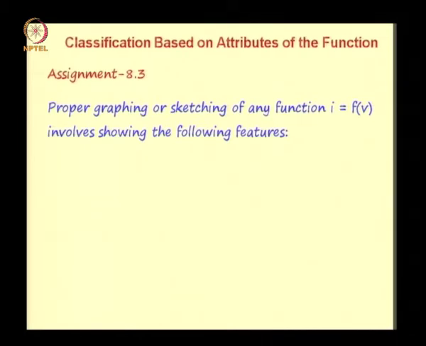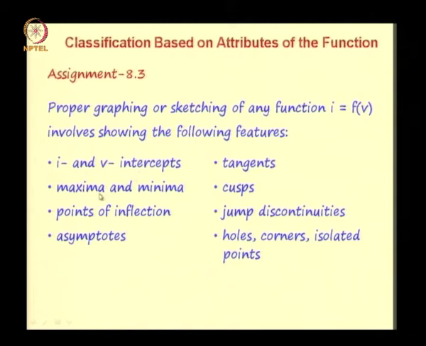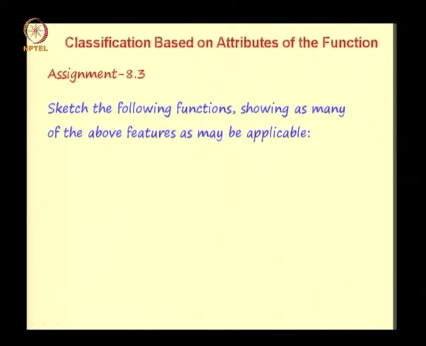Another assignment regarding graphing or sketching of a function. Proper graphing or sketching of any function I as a function of V involves showing the following features: I and V intercepts, maxima and minima, points of inflection, asymptotes, tangents, cusps, jump discontinuities, holes, corners and isolated points. Now sketch the following functions showing as many of the above features as may be applicable.